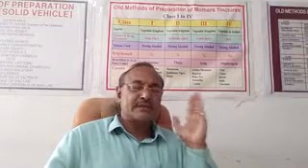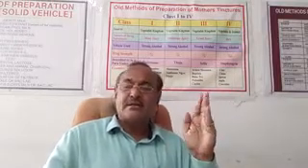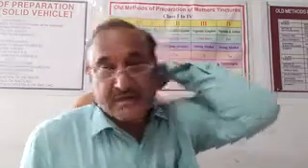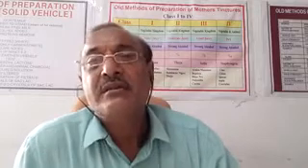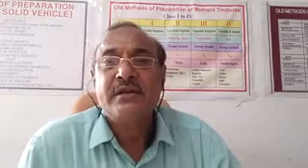So in Medorrhinum, the psychotic manifestation, the aggravation time is mostly from sunrise to sunset. So psychotic manifestation aggravation is mostly from sunrise to sunset, whereas the syphilitic manifestation aggravation time is sunset to sunrise.